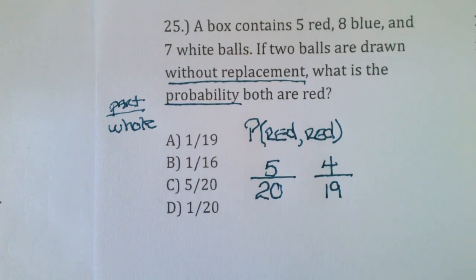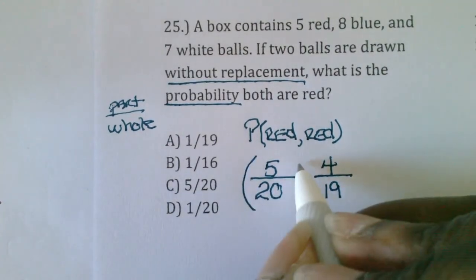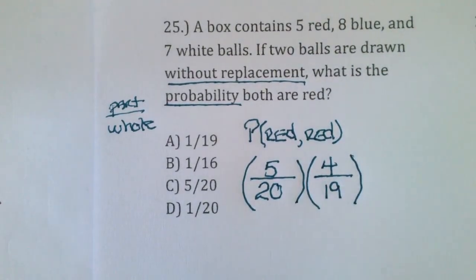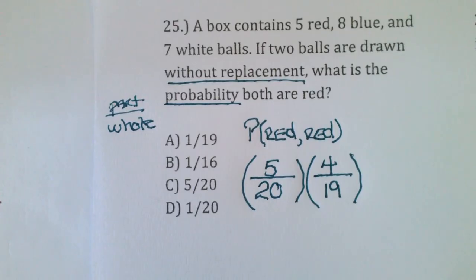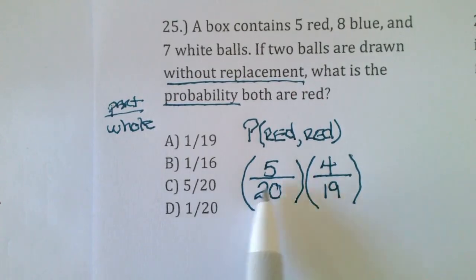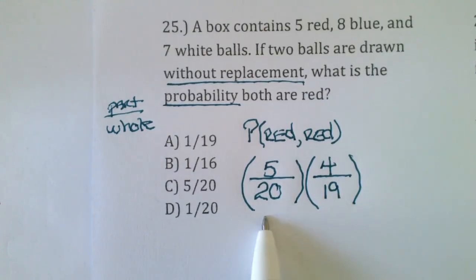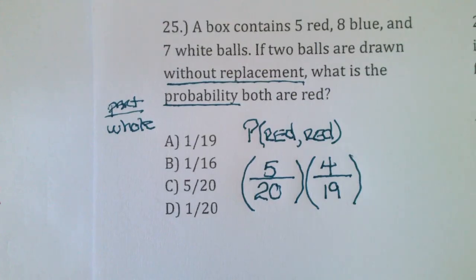No. When you have 2 separate events without replacement, you're actually multiplying. So we can multiply straight across, or we can see if we can cross simplify and then take it from there. Either way works for everybody.